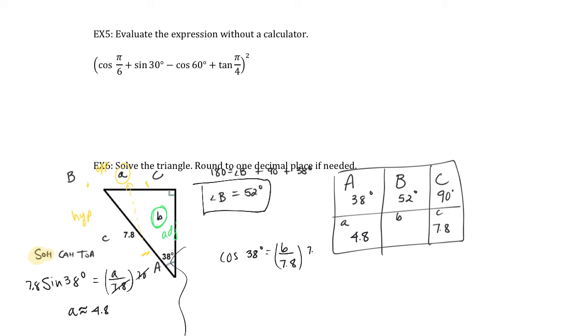And again, just solving here, multiplying both sides by 7.8, we get B is approximately 7.8 times cosine of 38, which is 6.1. And I'm done.